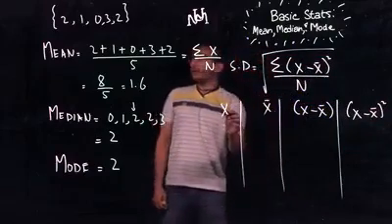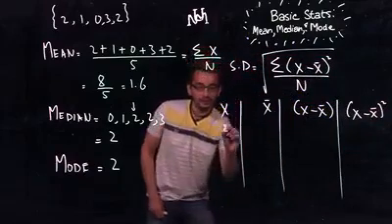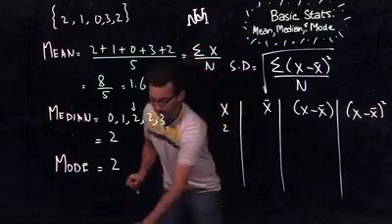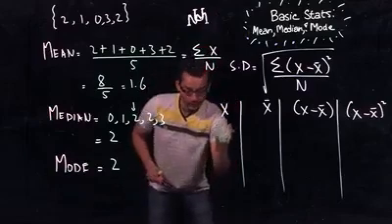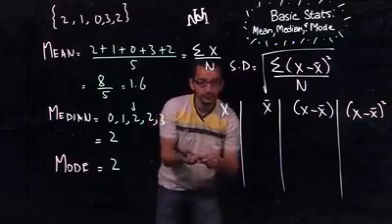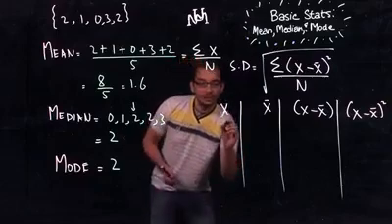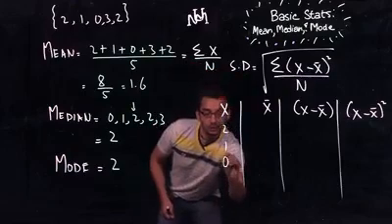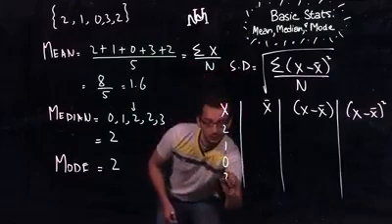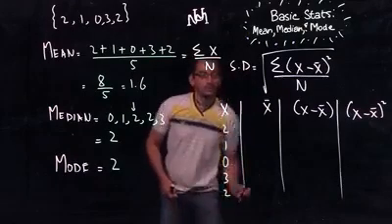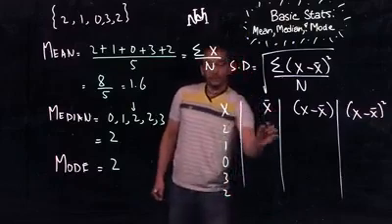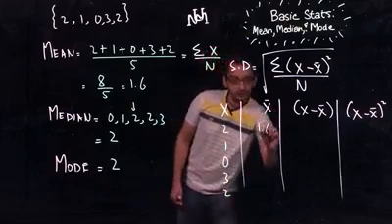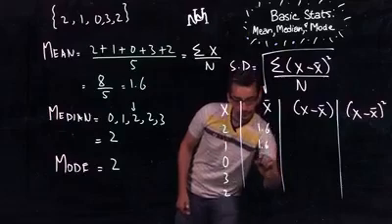We're going to simply write down what our x's are in this case. Our x's are 2, 1, 0, 3, and 2. Our x bar will be the same for all of these observations, which is 1.6.